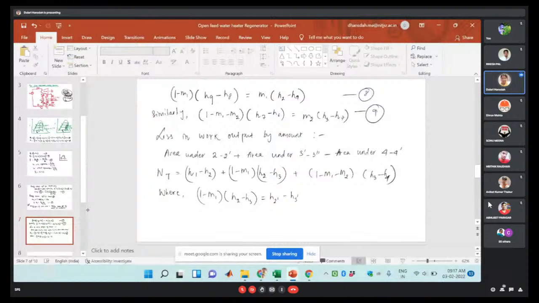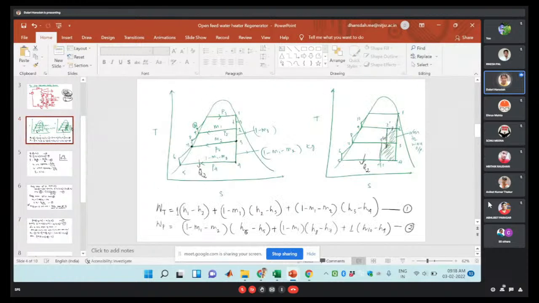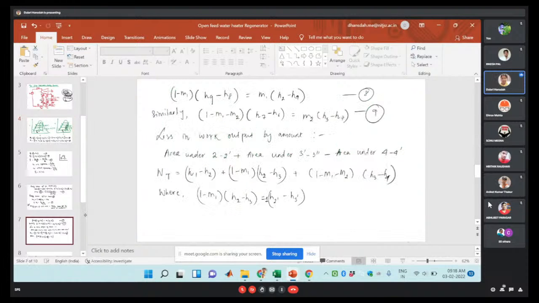इसको हम ऐसे भी लिख सकते हैं. So this is the suppose 1 kg of steam is entering. Okay, in this cycle, continuous cycle, यहाँ पे अगर इतना 1 kg को हम consider कर रहे हैं, so it will be 1 into h2 dash minus h3 dash. So similarly, for the second one, I can write down 1 minus m1 minus m2, so which is the h3 minus h4, which is equal to 1 multiplied with it is the h3 double dash minus h4, right?